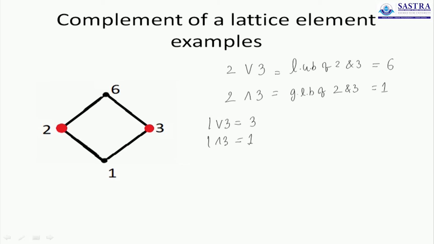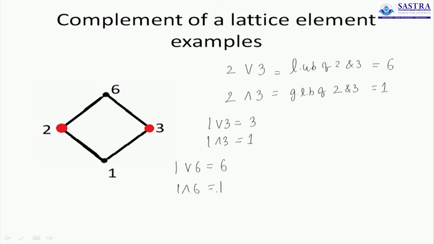So like this, for any two elements you can identify the GLB as well as the LUB. Therefore you can find out the complements of such elements here. 2 and 3 are complements of each other in this example. 1 and 6 are complements of each other. The GLB of 1 and 6 is 1.